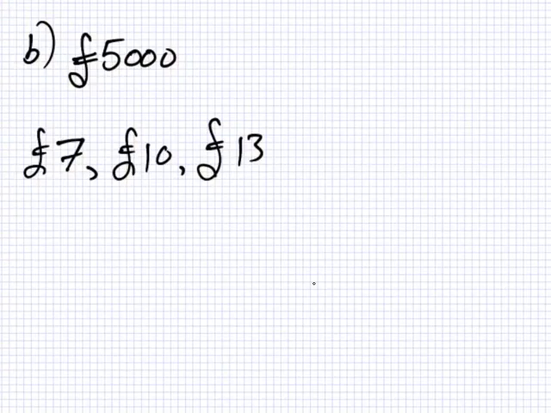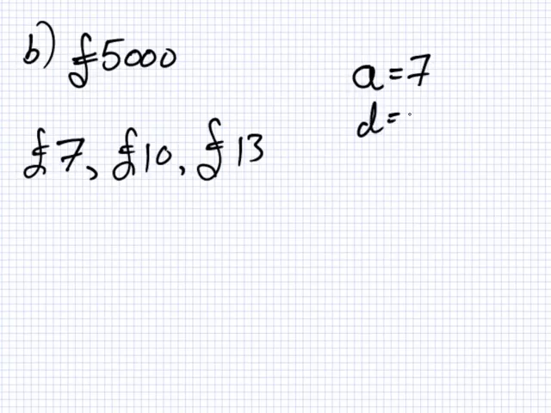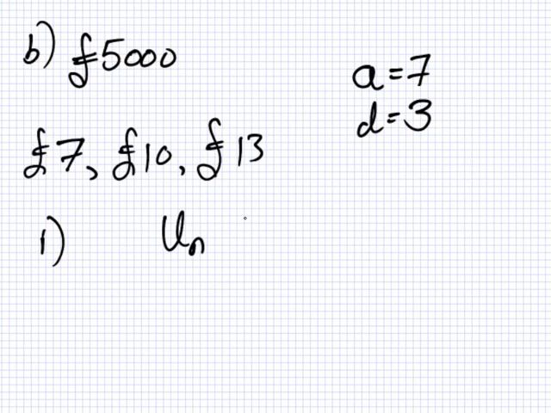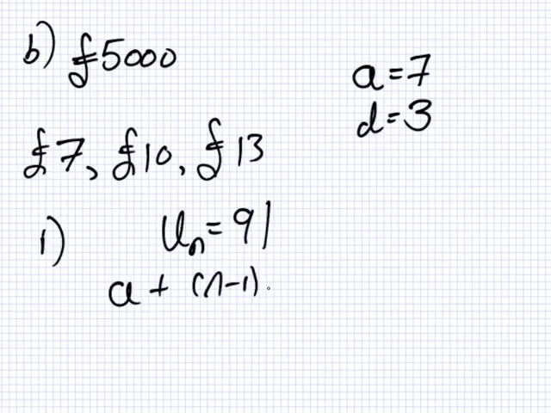Right, so here this is an AP. So a equals 7 and d equals 3, and we want to know when we have 91. So a plus (n minus 1)d equals 91.